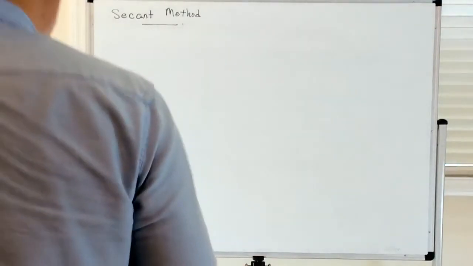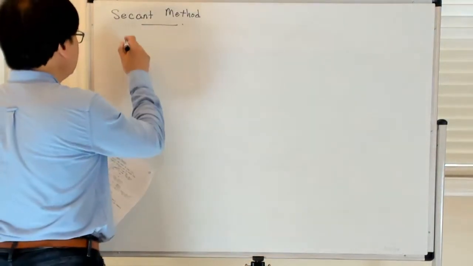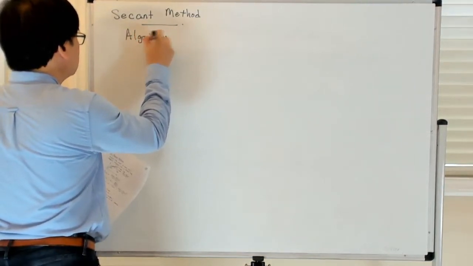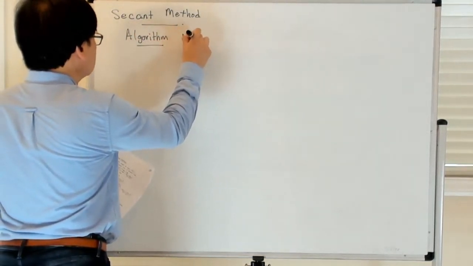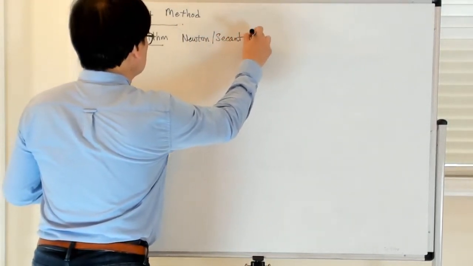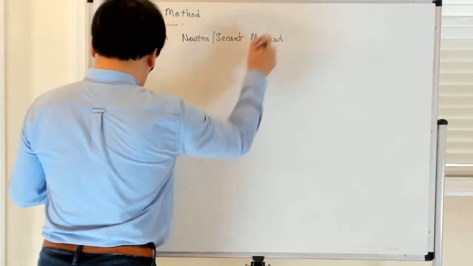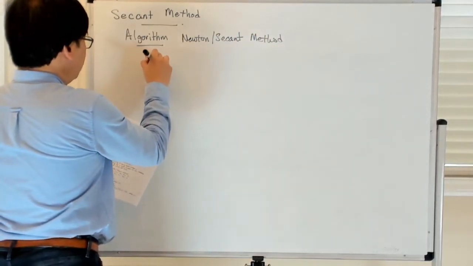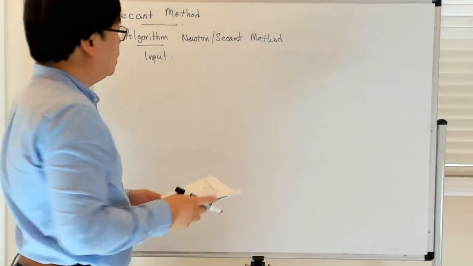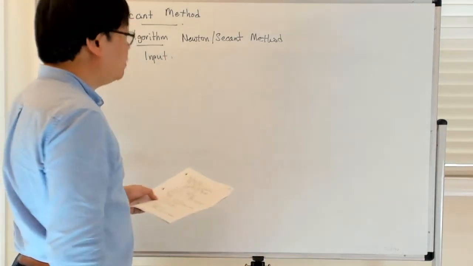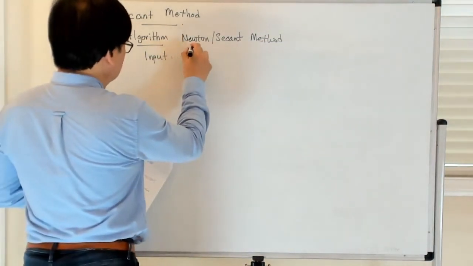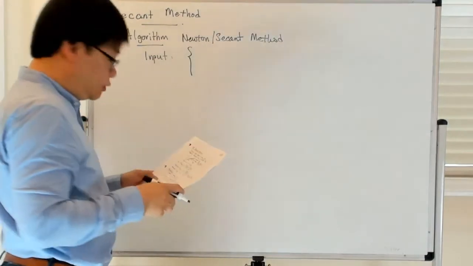All right, so now I'm going to write down the algorithm for the Newton and secant methods. And I'm going to break it down. So most of the algorithm is very similar, but there are some instances where they diverge from each other. And in those cases, I'm going to put these curly braces to indicate that there are two cases.